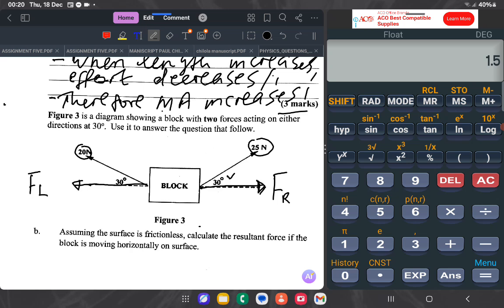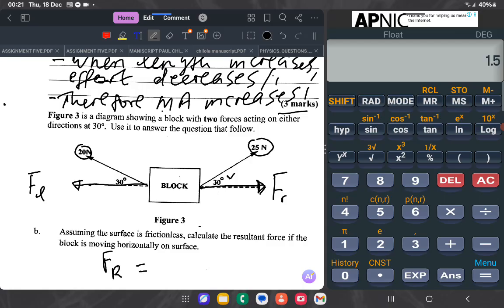So to find the resultant force, the force that causes the body to move, let me use a small R to show right, and a small L for left. So F_R is the resultant force.